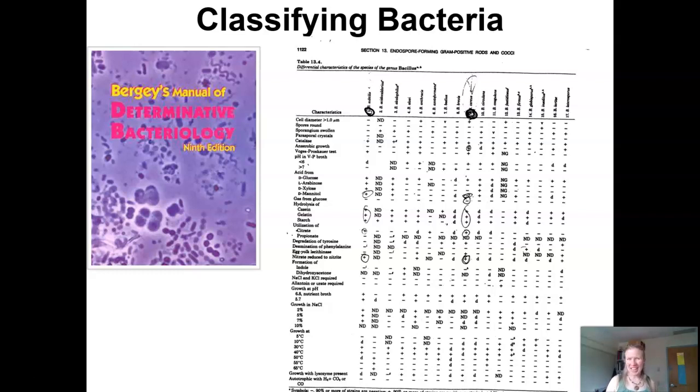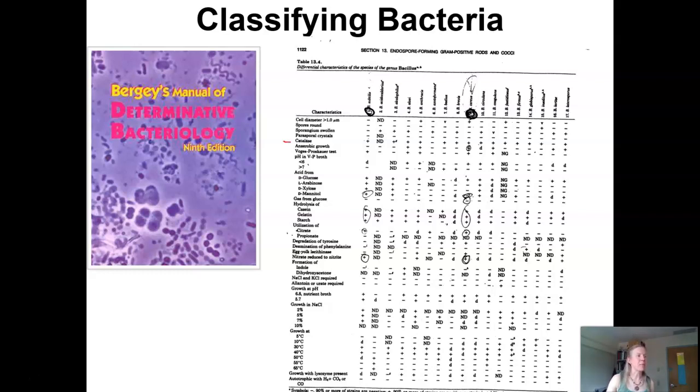This book, it's called Bergey's Manual. This page looks insane to you right now, but basically, this is some of the stuff we'll be doing in lab, not near this crazy, take a deep breath, but this book basically lays out how you distinguish bacteria. So it might be as simple as a shape or arrangement or how it stains, but then they start getting into some real nitty-gritty here.